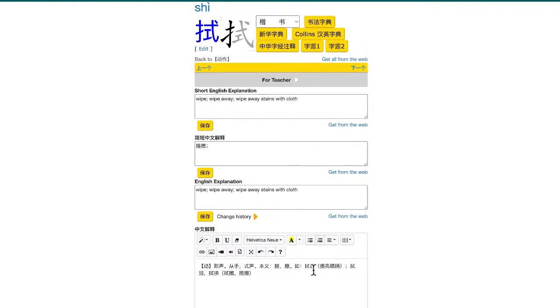This also has words, like 拭目. 拭目 is actually rubbing your eyes, wiping your eyes so that you can see things clearly. 拭目.